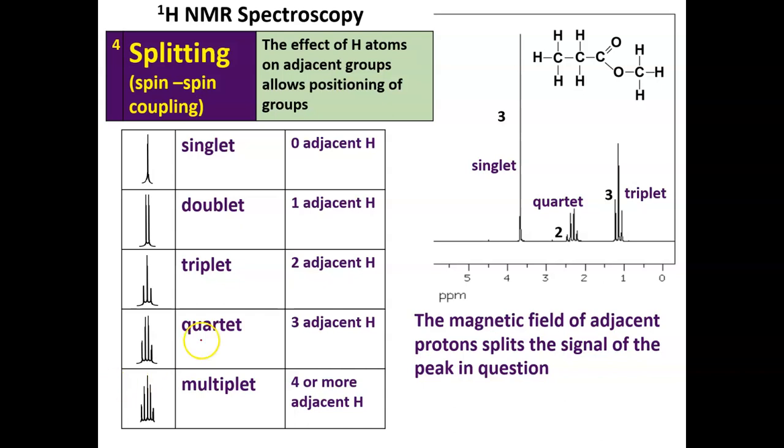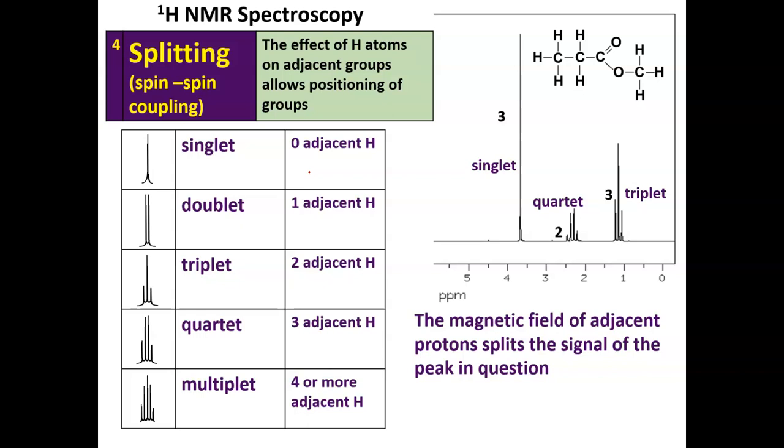So when we're looking at a signal for a particular hydrogen environment, we get some information from the splitting pattern, which tells us actually the number of H's on the carbon next to it. Now, the table column 3 here, as you can see, a singlet has no H's on the adjacent carbon, or it might not even be a carbon.